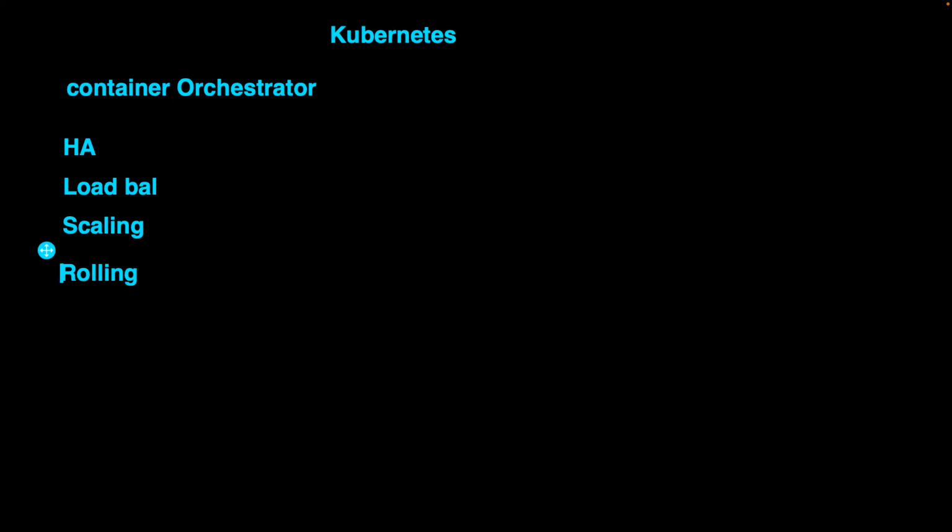What is meant by rolling update and rollback? Anyone? Suppose it was version 1 and you want to upgrade to version 2 in your application.